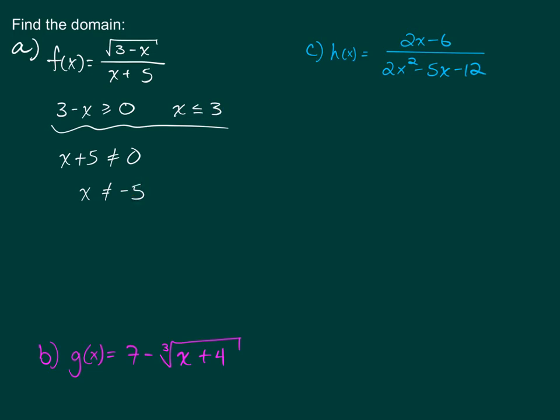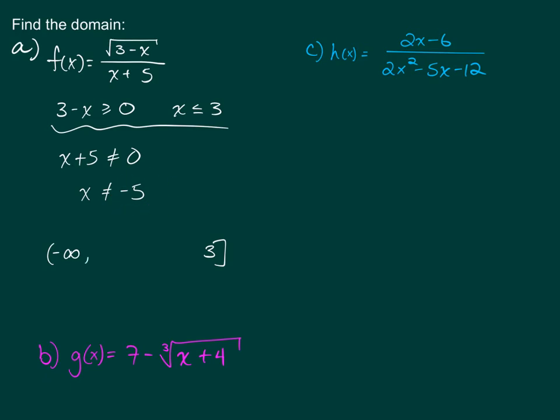So we have two different conditions, so I'm going to be writing this in interval notation. If you want to be less than or equal to 3, well, I know that means that you can be negative infinity, but you can be equal to 3 on the other end. And this is a huge gap in here for this interval notation because I have to reach in and pull out the number negative 5.